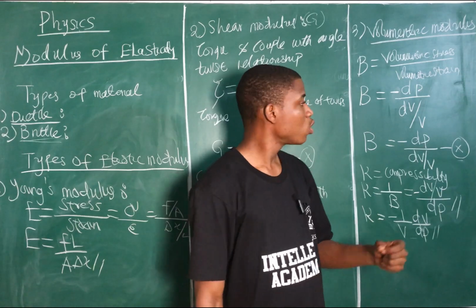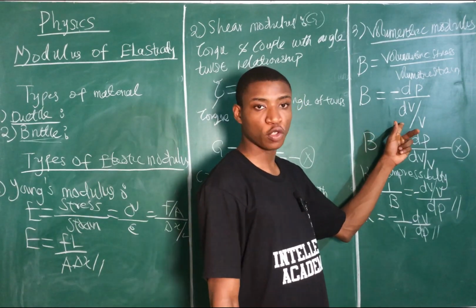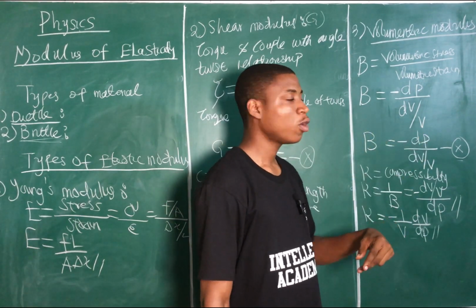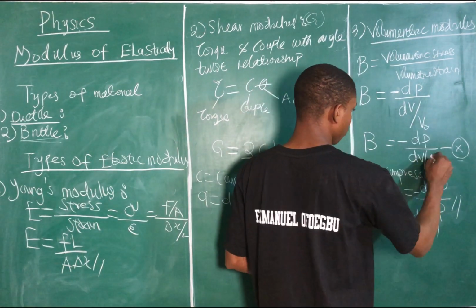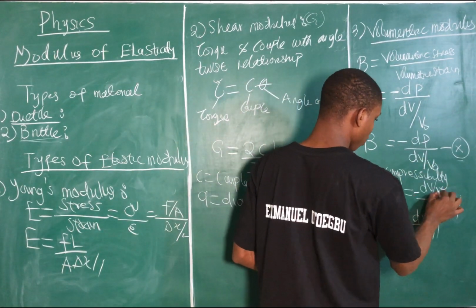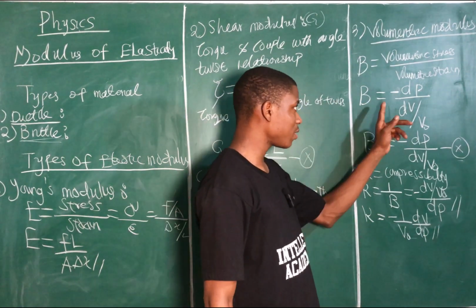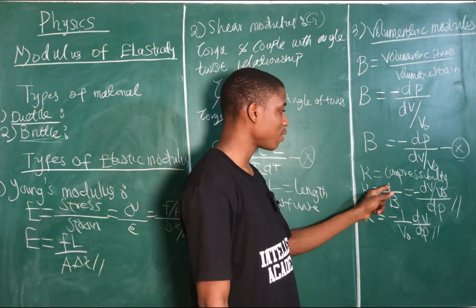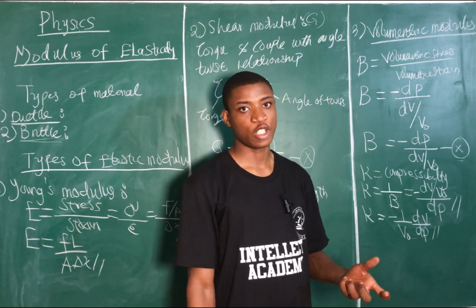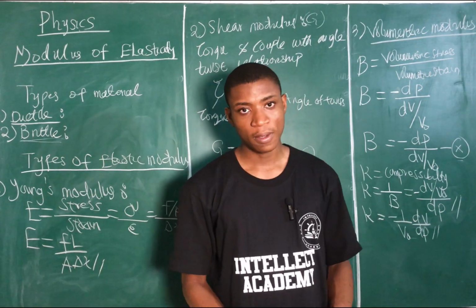We need to use volume, so that's why you have change in volume over the original volume, which we denote by V naught. The negative sign indicates a decrease in volume as a result of increase in pressure. So this concept is very easy.